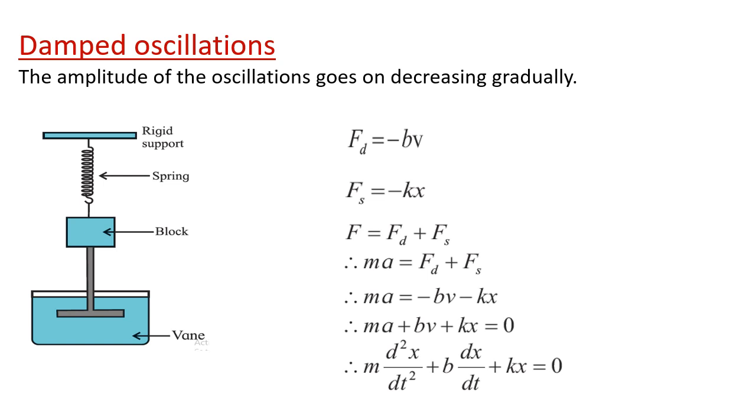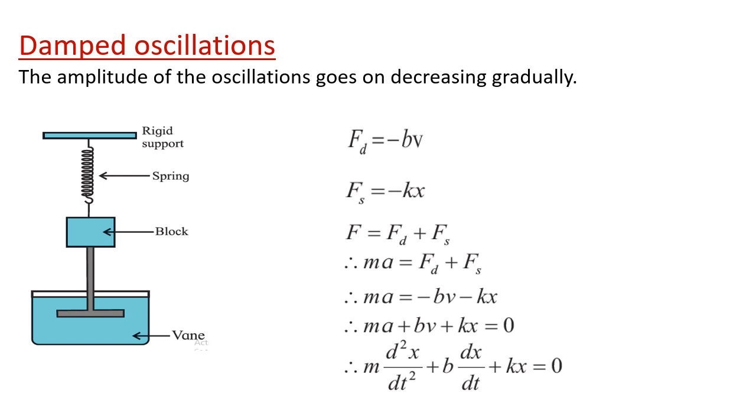Now the question arises: if we don't want to have the damped oscillations, what do we need to do? We need to keep on giving energy to the oscillator externally, so that whatever amount of energy is lost in overcoming the viscous drag, if we give that amount of energy externally to the bob or the oscillator, it will remain performing the motion with the same amplitude.